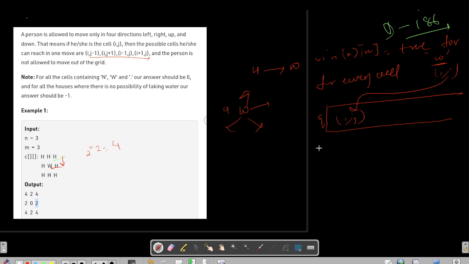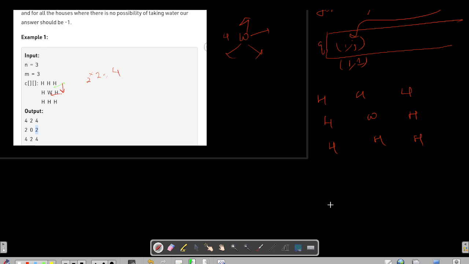And as soon as we have these coordinates, for this case we will have 1 comma 1. Then we will keep traversing from here. So let me explain how the traversal will look like, for H W H H H and H.